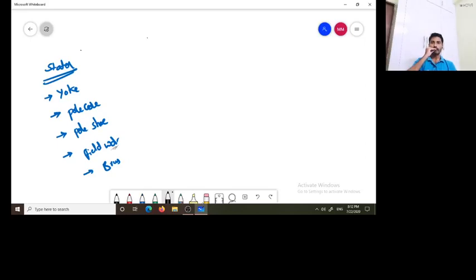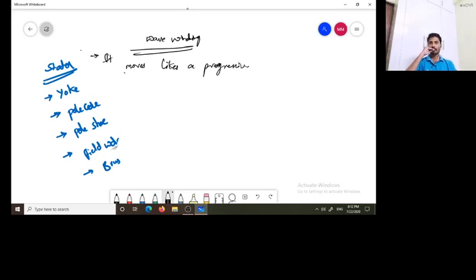Lap winding or wave winding. We'll see about a wave winding. What is meant by wave? The word wave represents that this winding moves like a progressive wave.